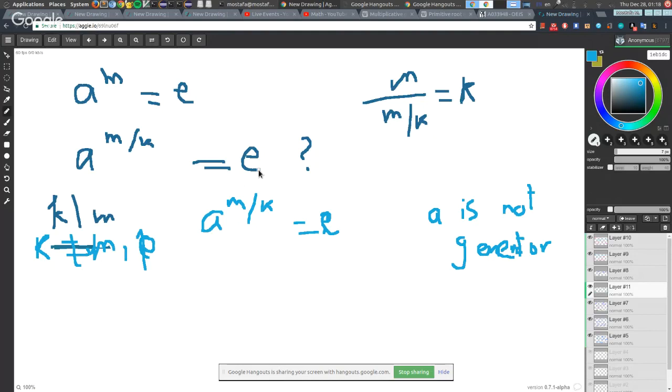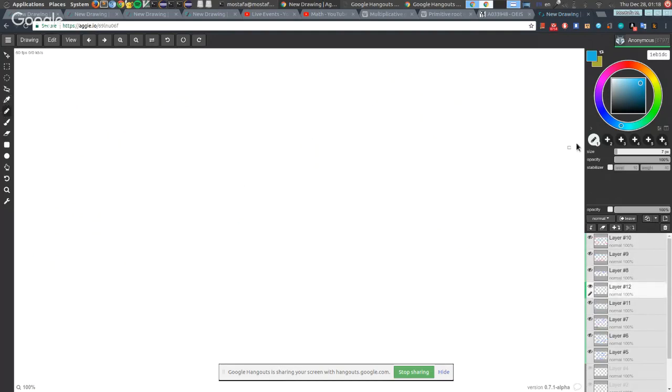So this is how we go, and actually we don't need to check all the divisors of m. It's enough to just check the prime divisors of m because of the following property. Let's say that there is some prime p that divides k, and this k divides m, such that a to the power m over k is equal to the identity element.